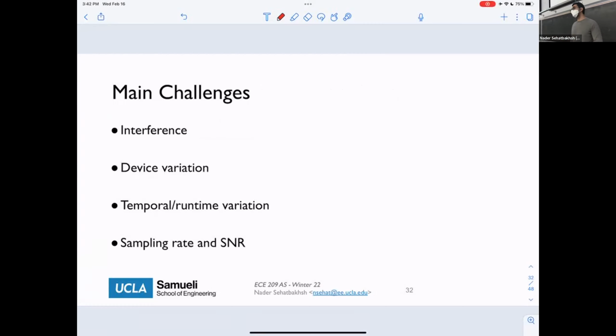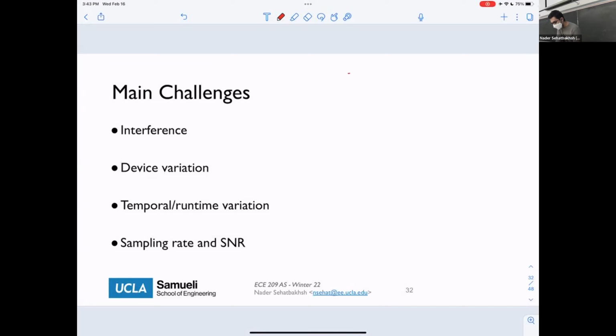The first one is the interference. So basically, since we are collecting the signal, we're not just collecting the f of x that is directly related to x. There are many other things going on in the system or in the surrounding that can affect f of x. And that effect can change f of x during the runtime without actually changing the x, right?